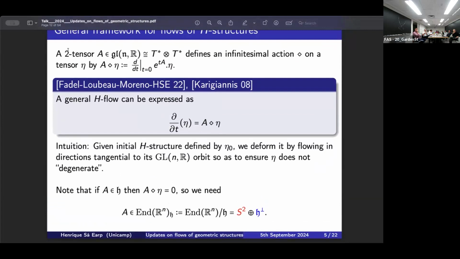So we have a two-tensor that lives in this space, parameterized by this action, for any flow. The interesting question is, we know where A lives, but we want to describe this matrix, this tensor.